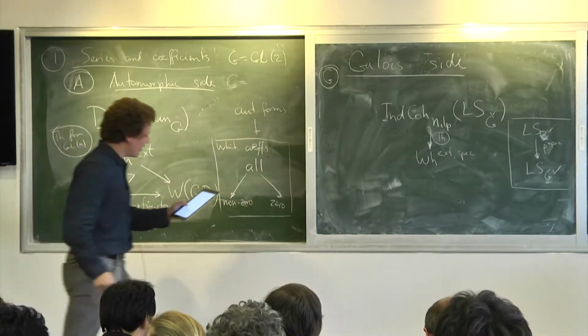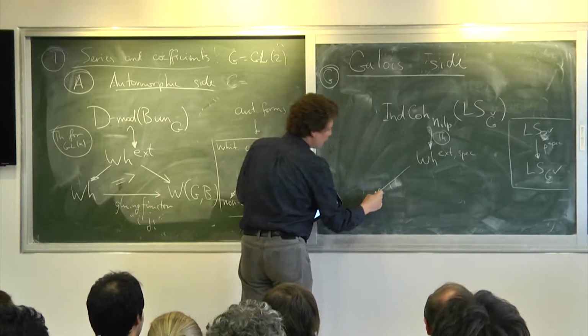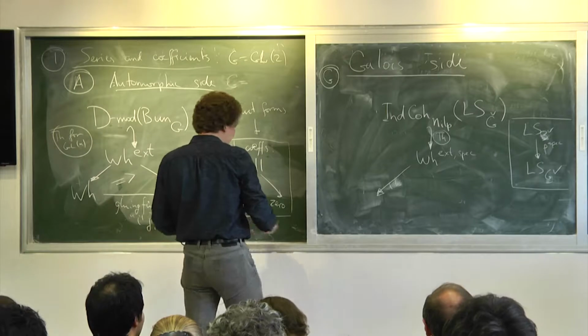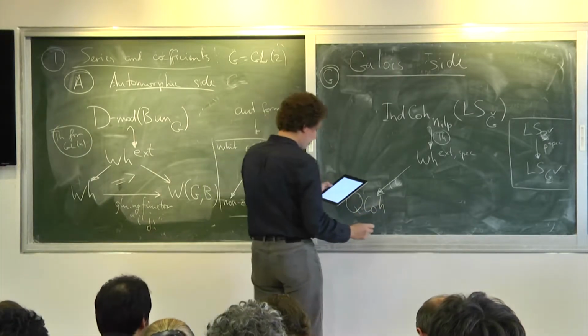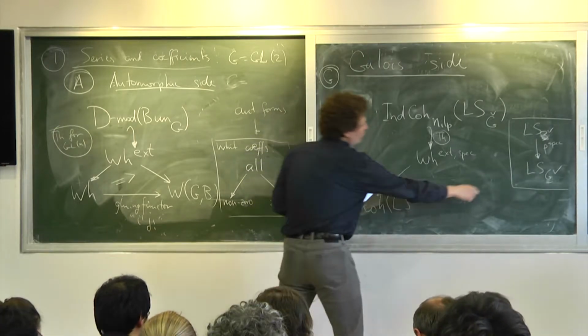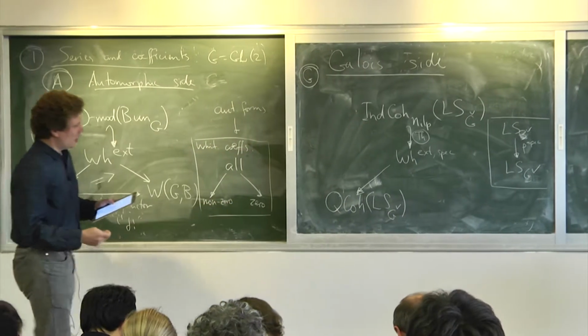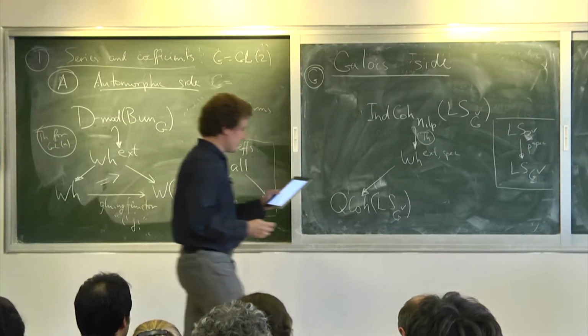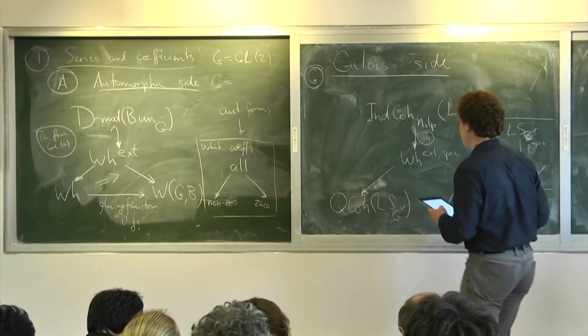OK, so this was defined to be the gluing of the following two categories. On the one side, there's the category of quasi-coherent sheaves just downstairs. And on the other side, there's a category of quasi-coherent sheaves upstairs, but with an extra piece of data.